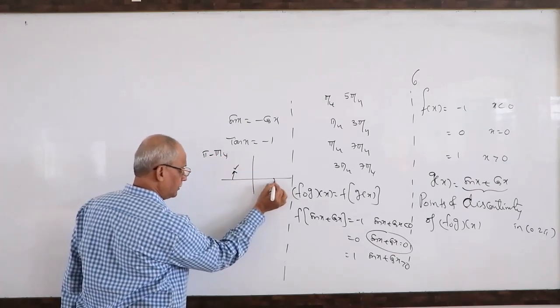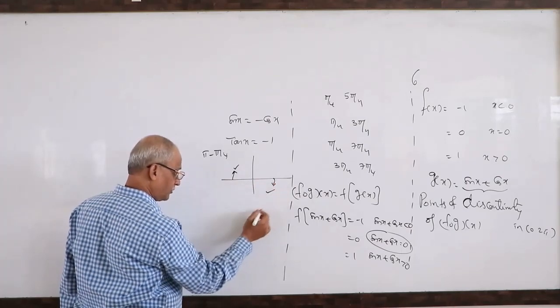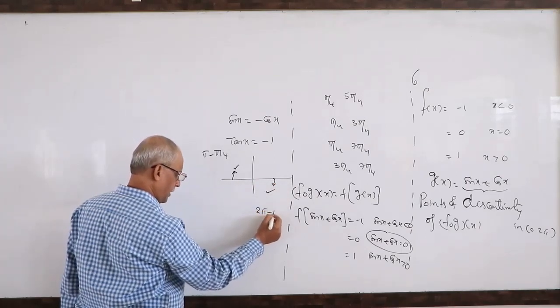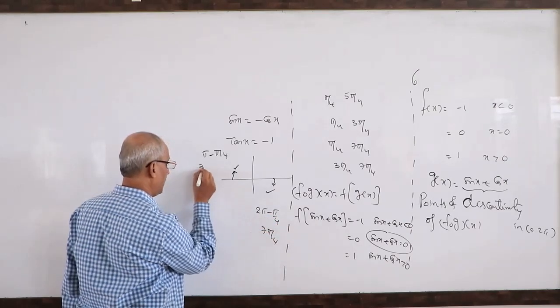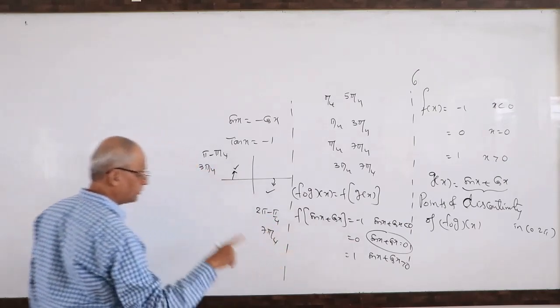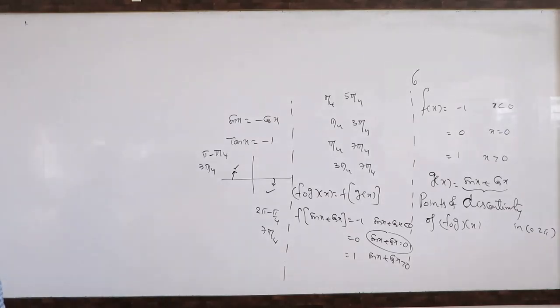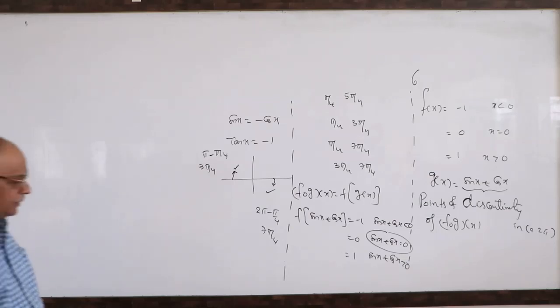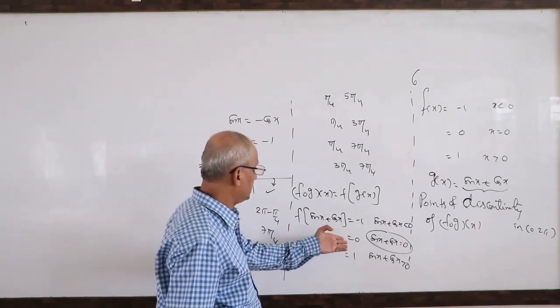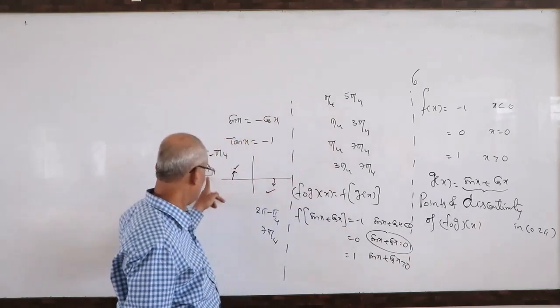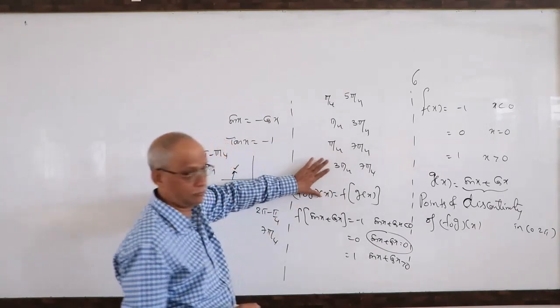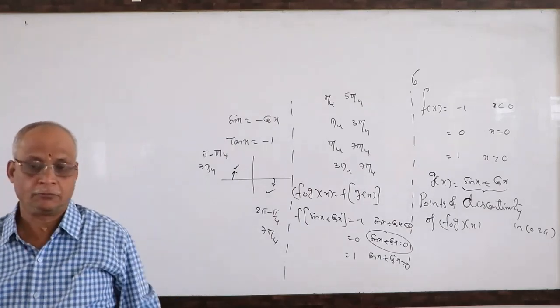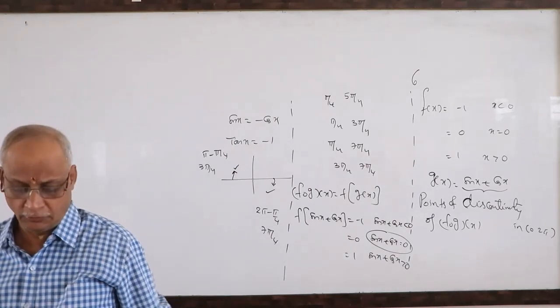Here to get it, 360 minus theta, 2 pi minus pi by 4, means 7 pi by 4. 3 pi by 4 and 7 pi by 4 are the two values in the interval 0 to 2 pi where the middle definition holds. This decides the answer. Where is this 3 pi by 4, 7 pi by 4? Fourth option. So we are deciding.